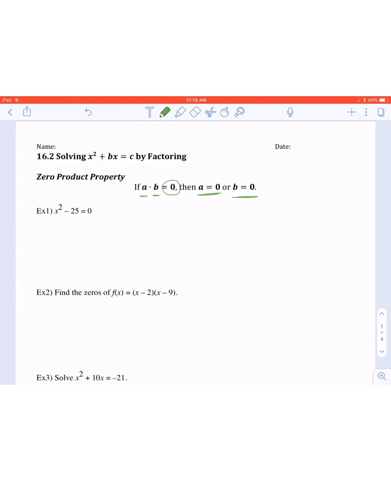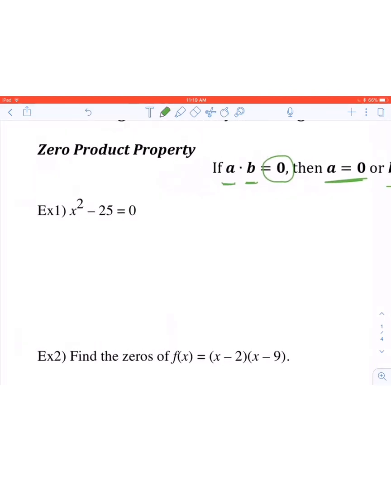x squared minus 25 is equal to 0. I hope you guys can catch that this is a difference of two squares. So when you are factoring a difference of two squares, remember this pattern, x plus 5 times x minus 5. So I have factored x squared minus 25 as x plus 5 times x minus 5.